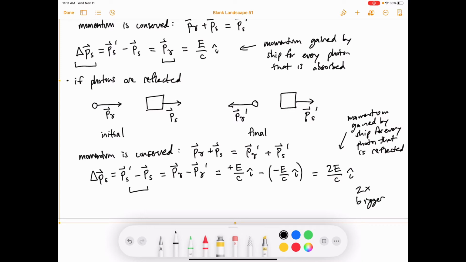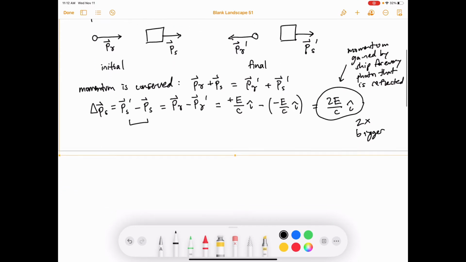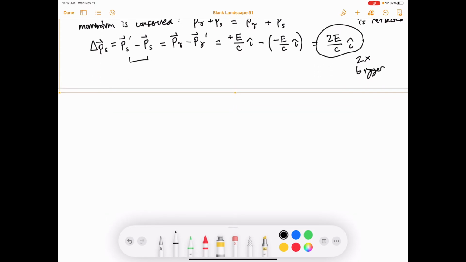I'm comparing, this is the momentum transferred to the ship when photons are absorbed. This is what we get when photons are reflected. So it's 2 times bigger if we have the photons be reflected. So that's why you want a solar sail that reflects the light rather than absorbing it, because you can get more momentum that way.